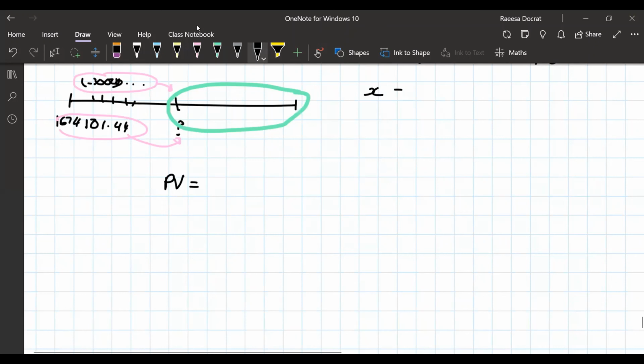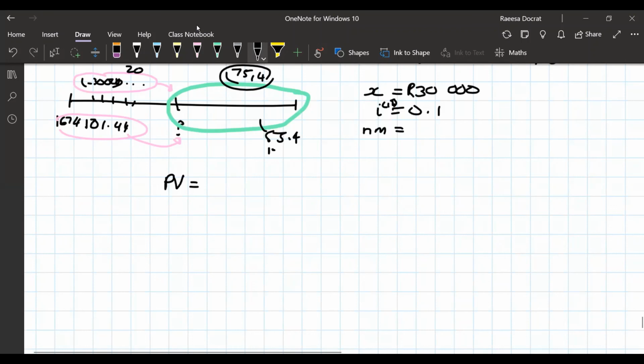Our monthly payments are 30,000. The interest rate is still 0.1, so 10% compounded monthly. And this time, how many payments are left? Well, if she made 20 payments, then there's going to be 55.4 payments left. So remember, there was 75.4 payments in total.